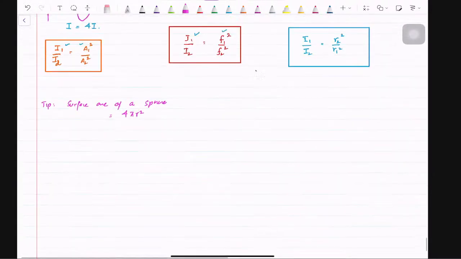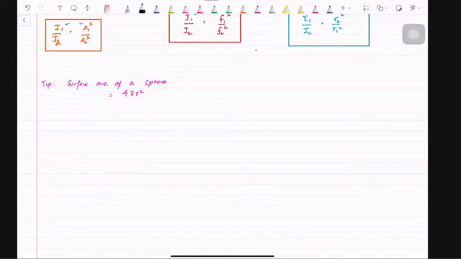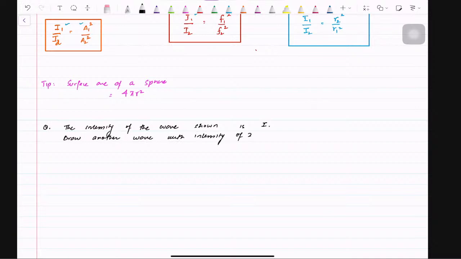Now in such a question, it says the intensity of a wave shown is I. Alright. Draw another wave with intensity of 2I, like that.